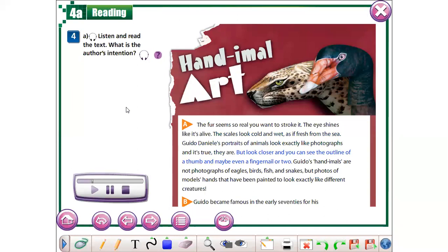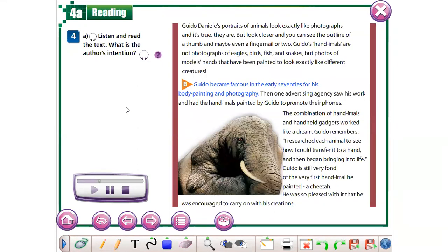But look closer, and you can see the outline of a thumb, and maybe even a fingernail or two. Guido's handimals are not photographs of eagles, birds, fish, and snakes, but photos of models' hands that have been painted to look exactly like different creatures. Guido became famous in the early 70s for his body painting and photography. Then one advertising agency saw his work and had the handimals painted by Guido to promote their phones.